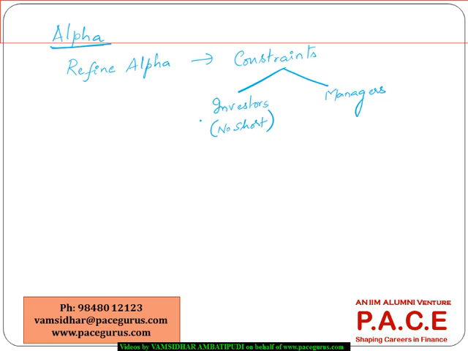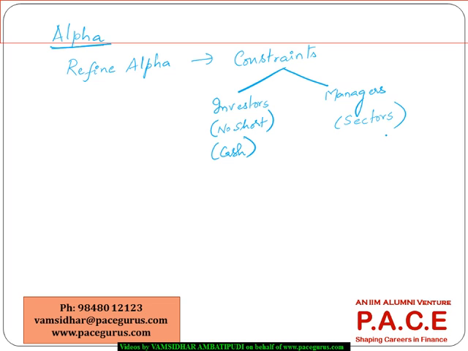Or there could be some constraint from the investor's perspective on the amount of cash that could be held and the amount that needs to be invested, that is, at any point in time what should be the proportion of cash in the portfolio. And at the same time, from a manager's dimension, there could be some kind of restrictions on the sectors.